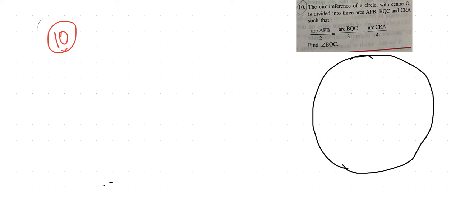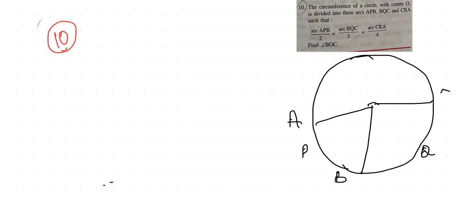Here suppose this is my APB, then this is B, this is Q, this is C, and then this is CRA. So these are the 3 arcs which are there. This is one arc, this is one, and then this is another one.